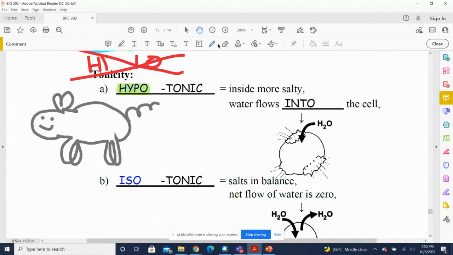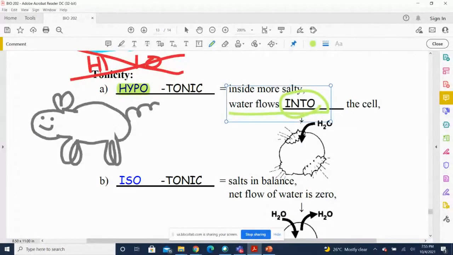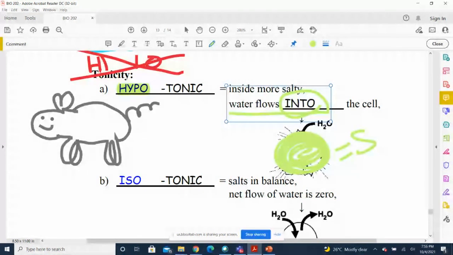So in hypotonic conditions, the water is flowing into the cell. As a result, the cell grows in size and might eventually even end up bursting. So the cell swells as a result of the hypotonic conditions.